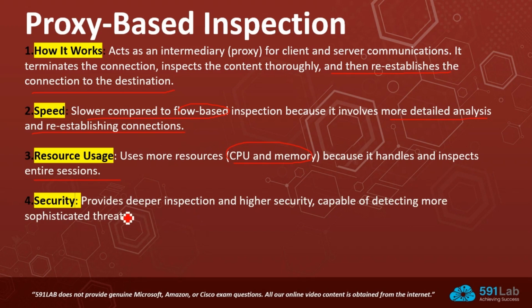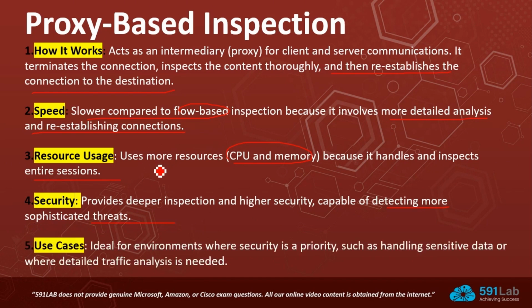The security feature provides deeper inspection and higher security, capable of detecting more threats. It is ideal for environments where security is a priority, such as handling sensitive data or where detailed traffic analysis is needed. You can apply proxy-based inspection mode in the firewall policy.